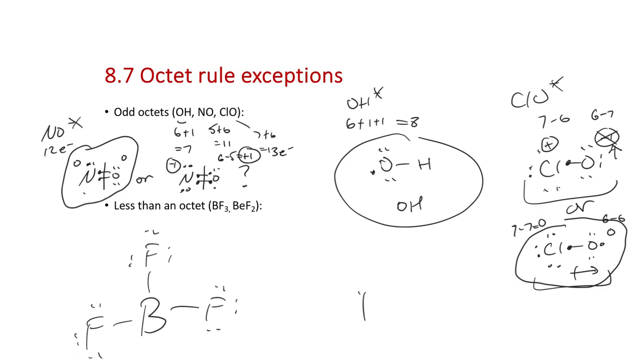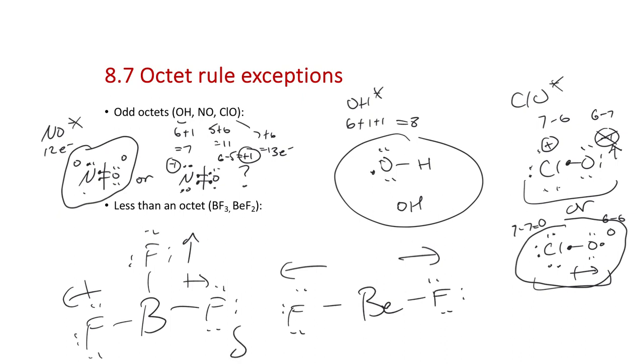Beryllium the same way, where we form beryllium fluoride. And beryllium is like magnesium, almost a metal. It's a metalloid, so it's kind of behaving like a metal and non-metal. So we end up with beryllium here sharing electrons with fluorine, being deficient of an octet, and that's perfectly fine. In fact, fluorine in these compounds is pulling electrons closer towards itself, picking up a partial negative.